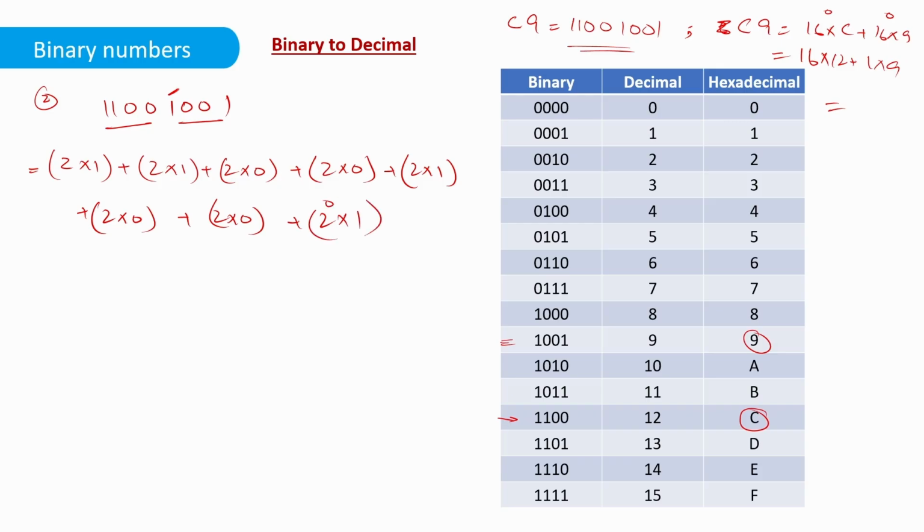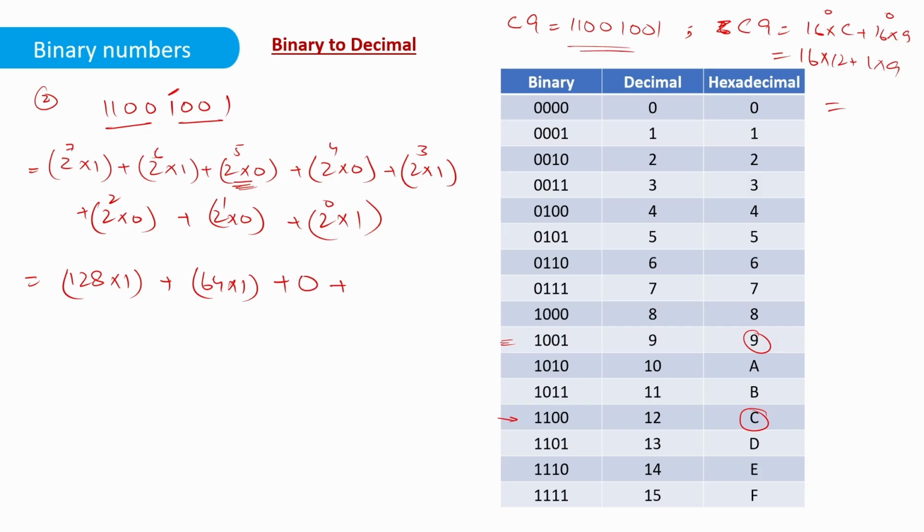So starting from right hand side, remember this: 0, 1, 2, 3, 4, 5, 6, and 7. So 2 power 7 is 128 times 1, plus 2 power 6 is 64. So 64 times 1. Now I can write 0 because I just have to simplify it.